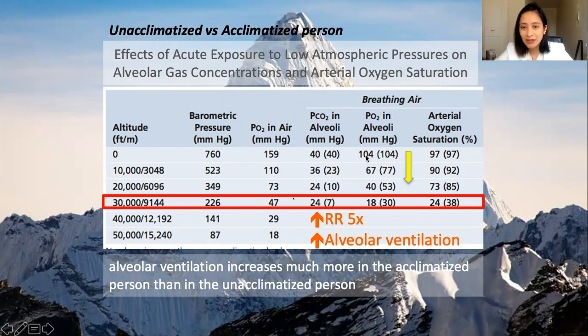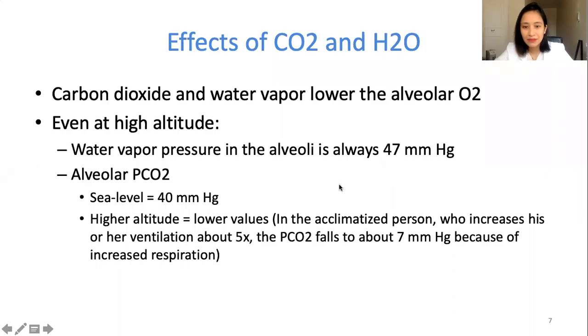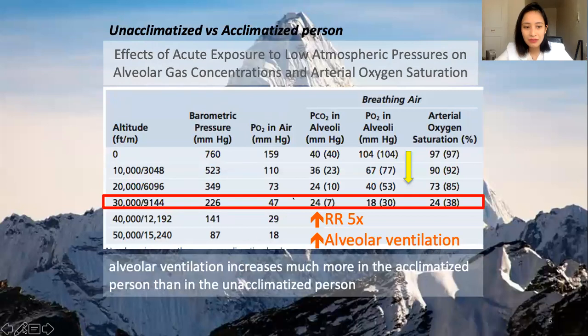Let me use an arrow. I hope you see my cursor. The one here represents the level in the acclimatized person, and the one inside the parentheses represents the partial pressure in the alveoli of the unacclimatized person. At zero altitude, the level is the same between the two.